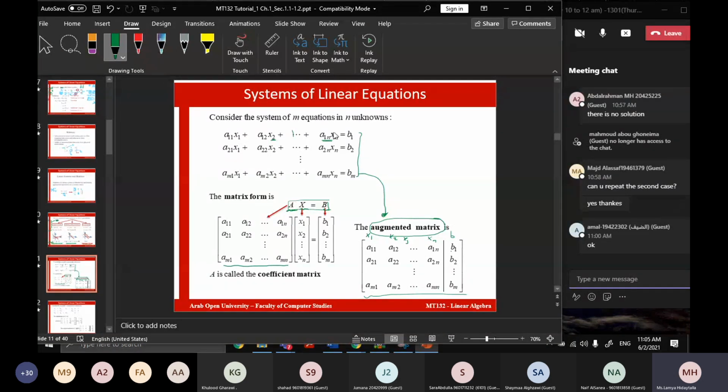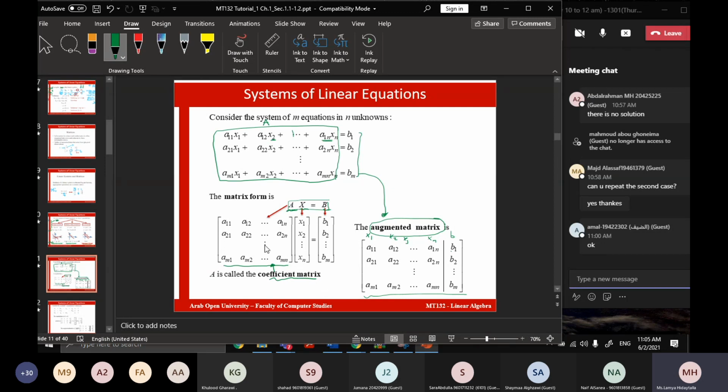It is for the coefficients of the variables in this part. From this part you get the matrix A, which we call the coefficient matrix, because it consists only of the coefficients of the variables.